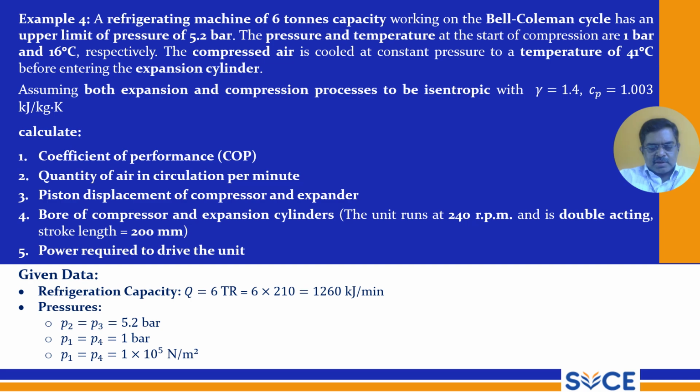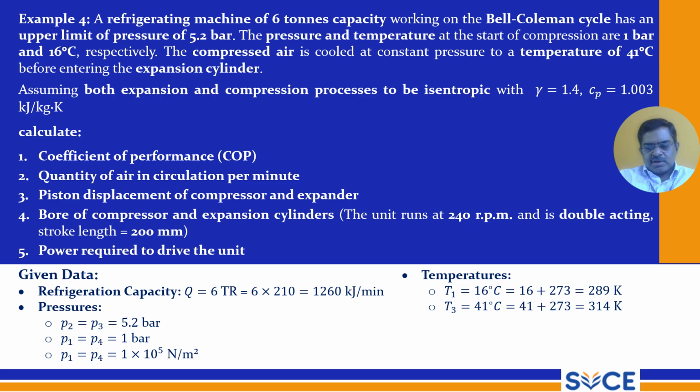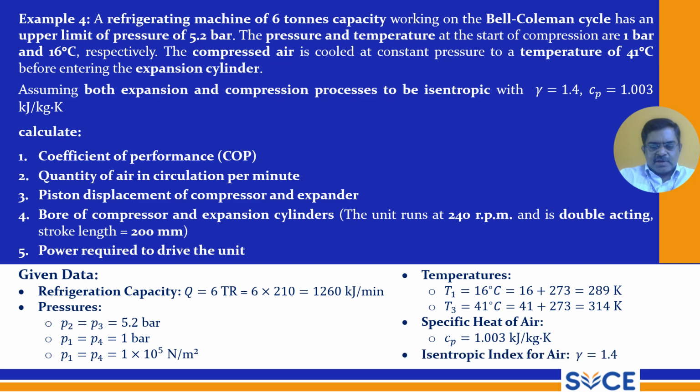So these are the pressures, and the temperatures are T1 equal to 16 degrees Celsius, that is equal to 289 degree Kelvin, and T3 equal to 41 degrees Celsius, that is equal to 314 degree Kelvin, and specific heat of air Cp equal to 1.003 kilojoules per kg degree Kelvin. So then we have isentropic index, that is gamma equal to 1.4. So this is the given data. From this we are going to find out those 5 parameters.